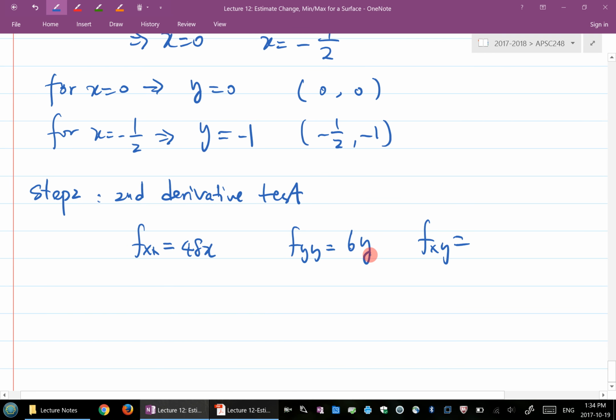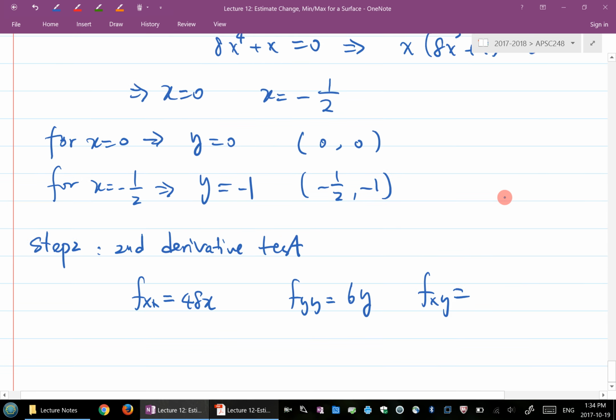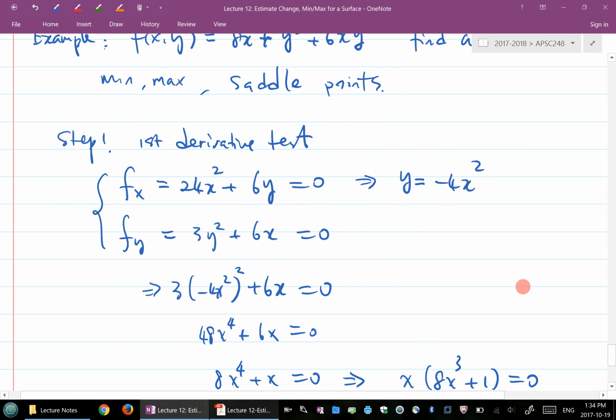And fxy, now if you recall, I mentioned that in this class we're going to deal with nice functions. Nice function basically means fxy equal to fyx, right? So you can go from either this one or this one, then you calculate fxy or fyx, and it will be the same thing.